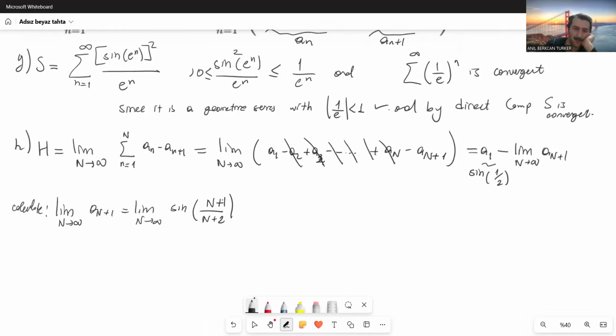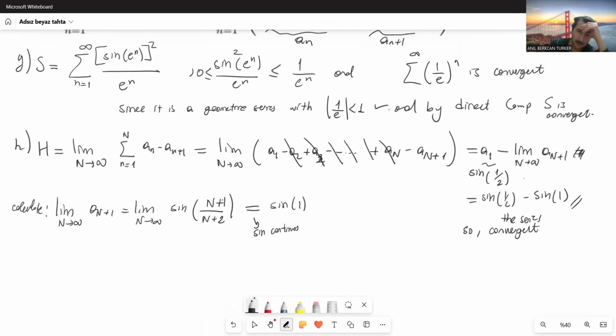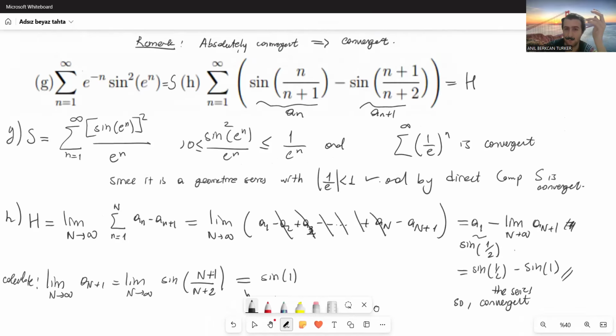What is the limit of the inside? It is 1, right? And sine is continuous, so we can interchange. So the limit is sine 1, which is also convergent. So this thing is equal to sine 1 over 2 minus sine 1. So the series converges, because this calculation belongs to the series. We called it big H, our original series here.